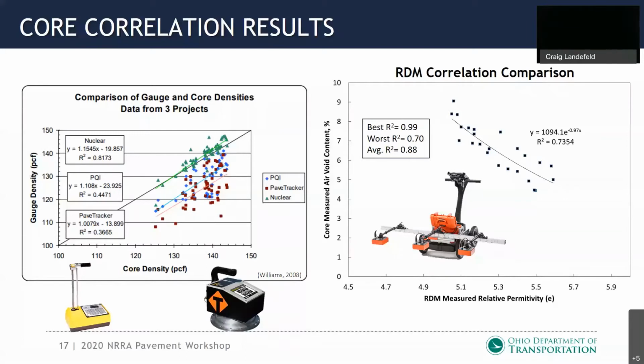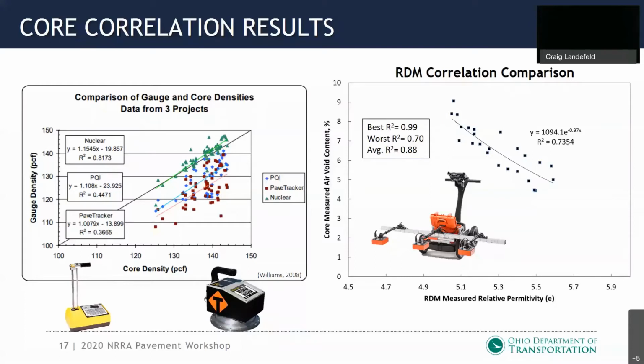But when we looked at the correlation coefficients when we used the RDM unit, our best R-squared was right around 0.99. Honestly, we were a bit skeptical of those results. That was the first project that we did, and it was almost too good to be true.